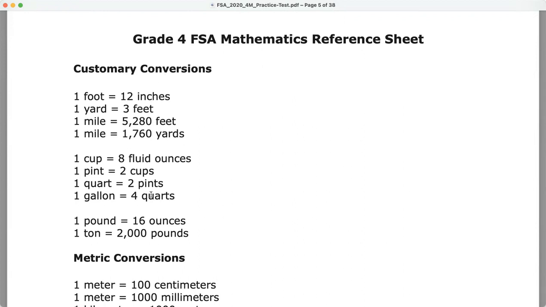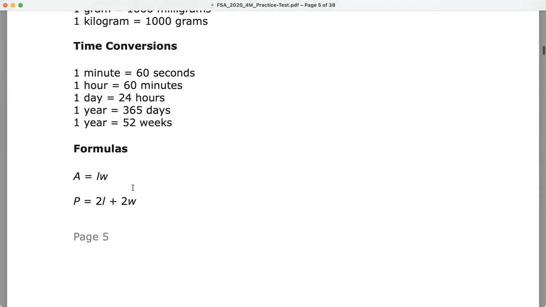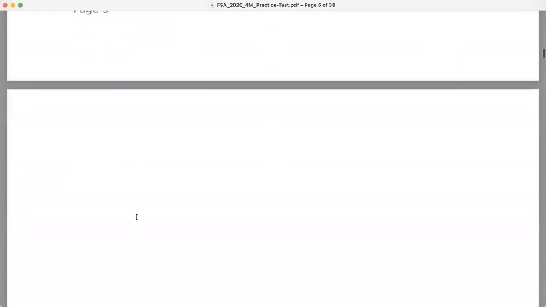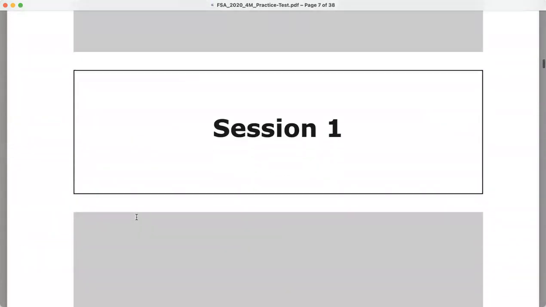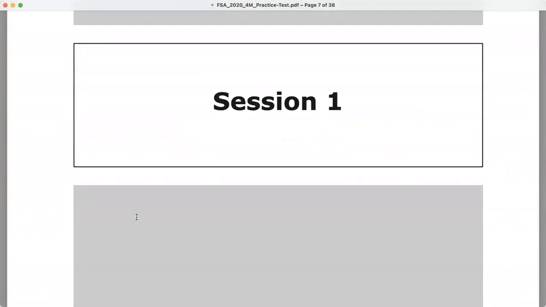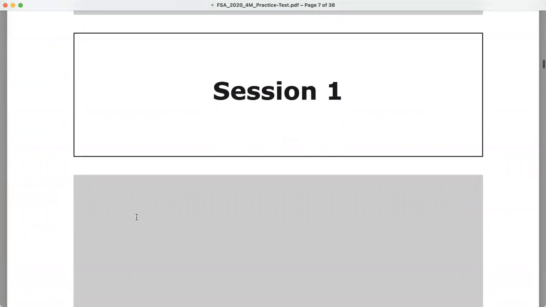There's conversions on it, and they have some basic area and perimeter formulas that I know we'll use in this first section. This will be two parts. Today, in this video, I will be going over session 1. I will link another video for the second part, session 2.